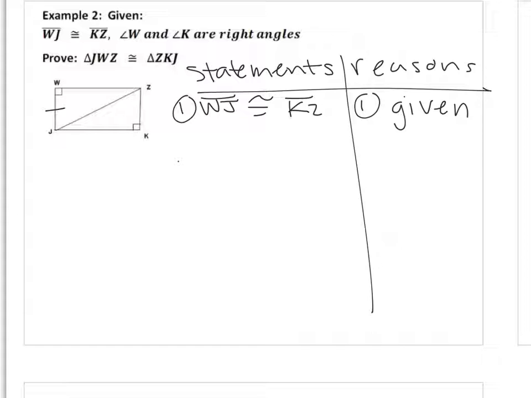I know that the next step is the next given because that doesn't give me any extra information. So angle W and angle K are right angles.